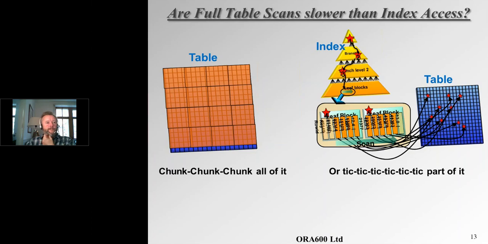That's been disproved so many times. They're actually good when you have a smallish number of distinct values, say 20 different status indicators or something like that. And they're very good when you can combine several of these low cardinality columns together.